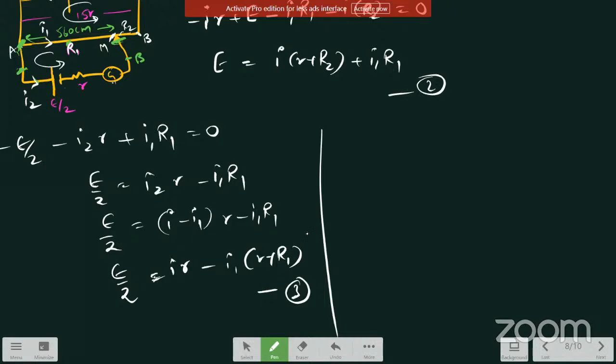Solving 2 and 3, we will get some equation. What should I do? There is nothing common here.